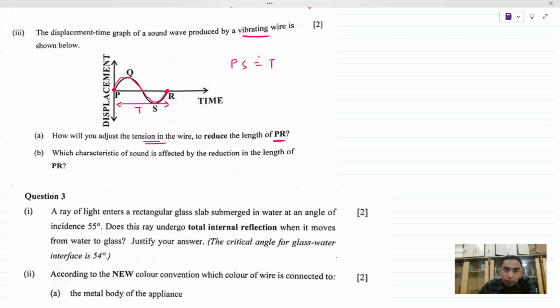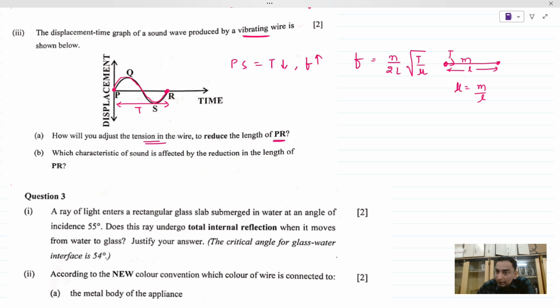If you want to reduce the time period, that means you are increasing the frequency. And there is one formula, f is equal to n upon 2L under root of T by mu. Whereas what is mu, that I will explain you. There is a wire whose mass is M, length is L. So mu is mass per unit length, M by L.